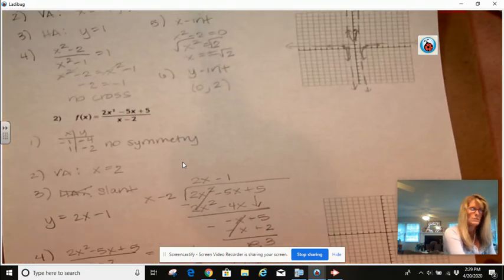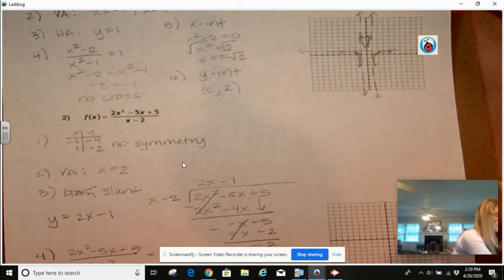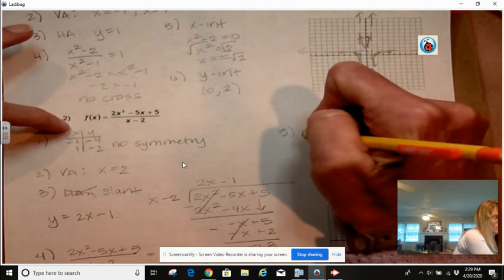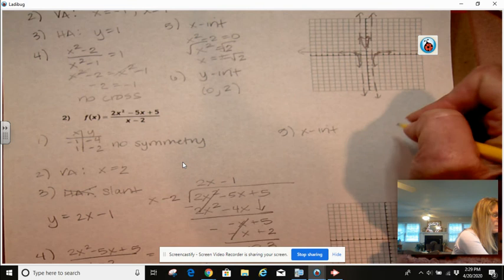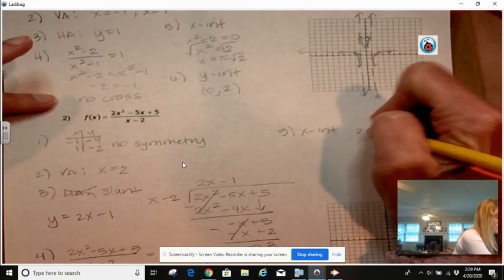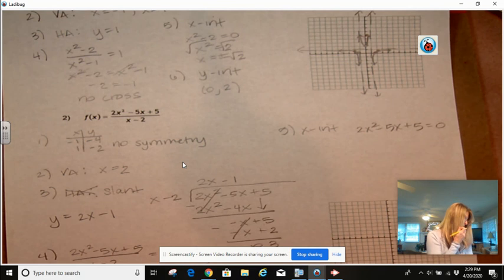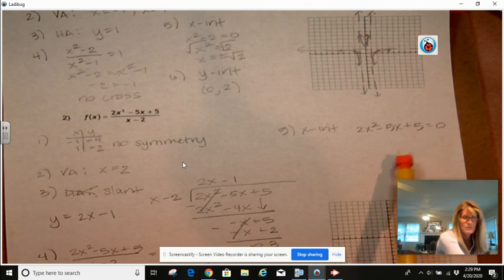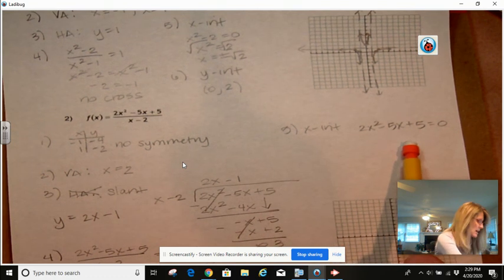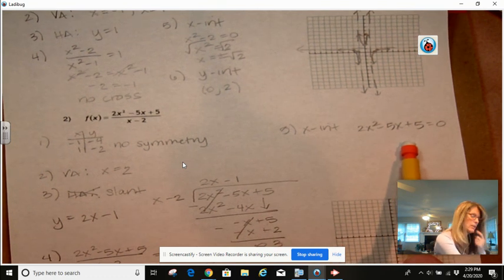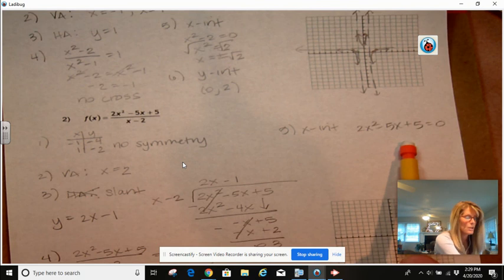All right, let's go back to our last 2 steps, x-intercepts. So if you set your numerator equal to 0, here's where you'd want to think about if you can factor. If you plug that into your calculator, then you'll see that this quadratic does not cross the x-axis, which means that it doesn't have any real roots.